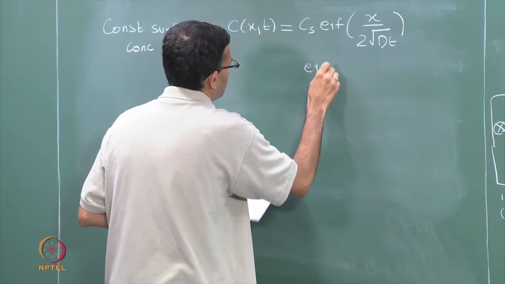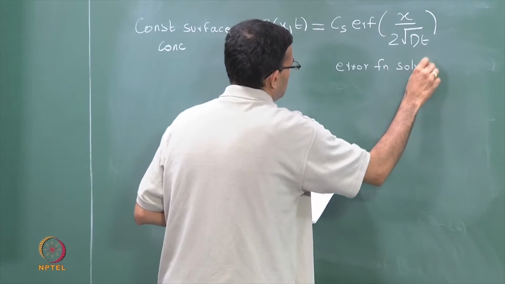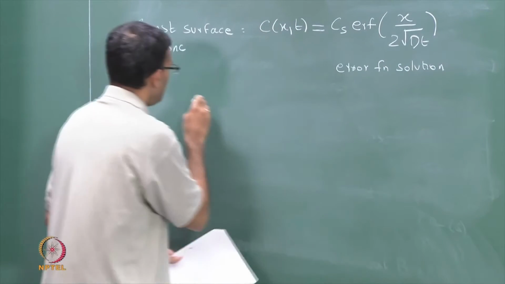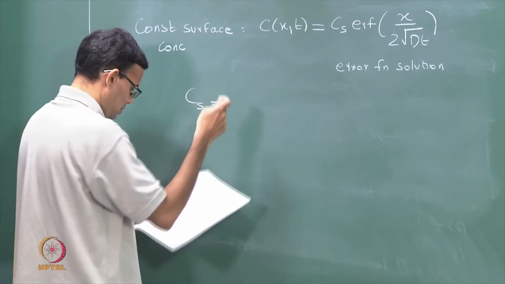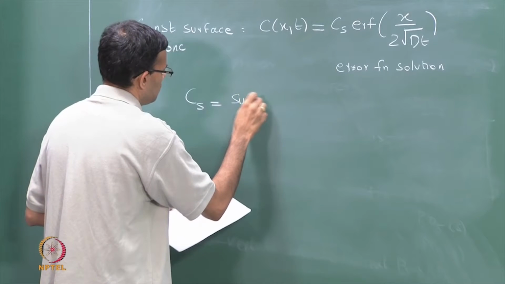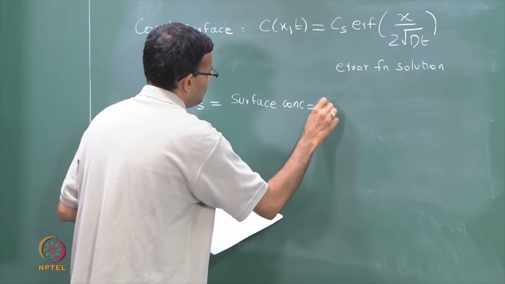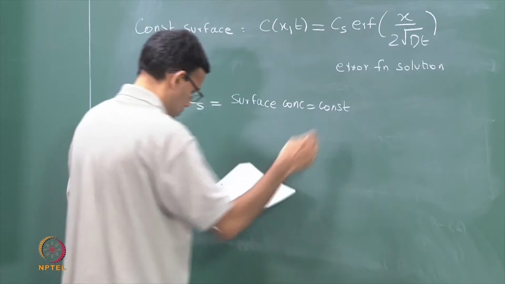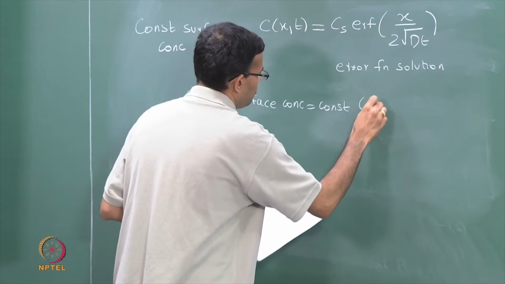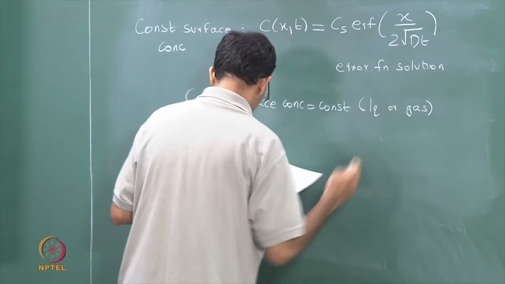This is your error function solution. Cs is the surface concentration, which is a constant. So, this could be from a liquid source or a gas source.